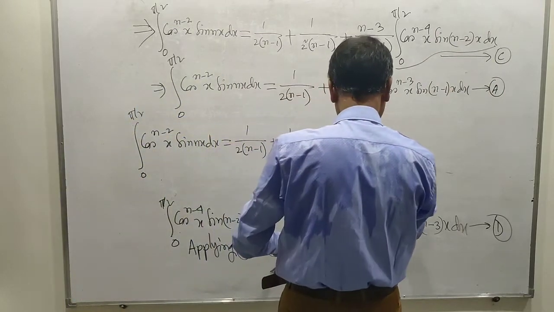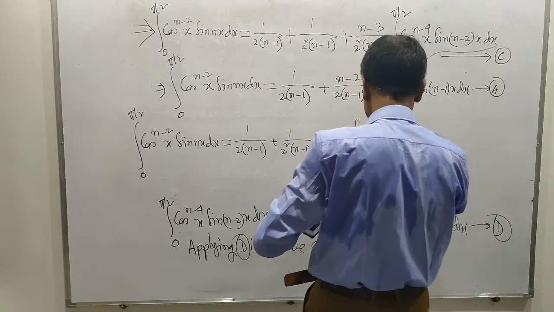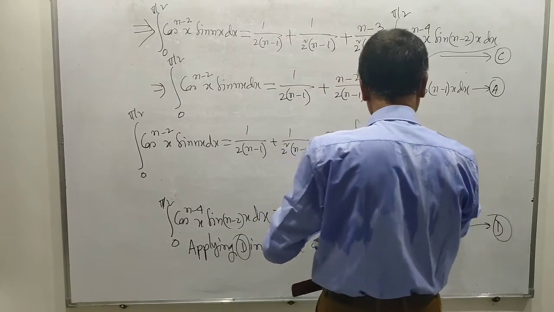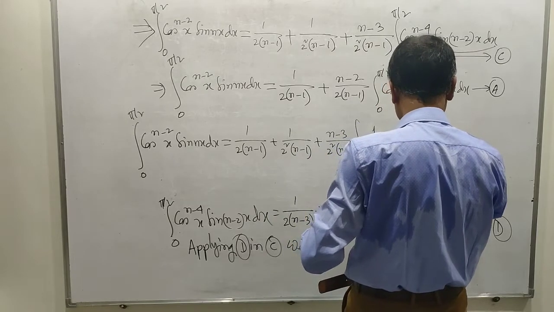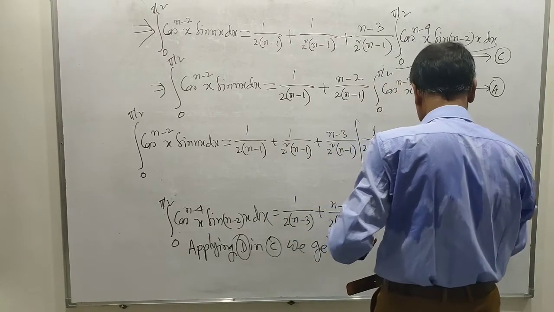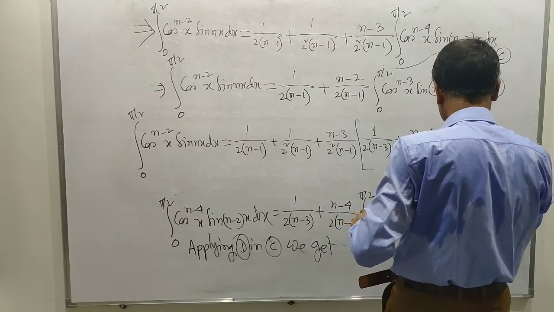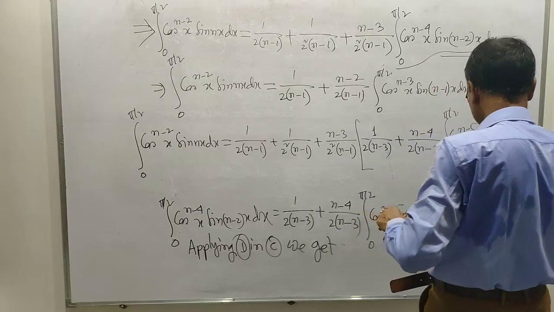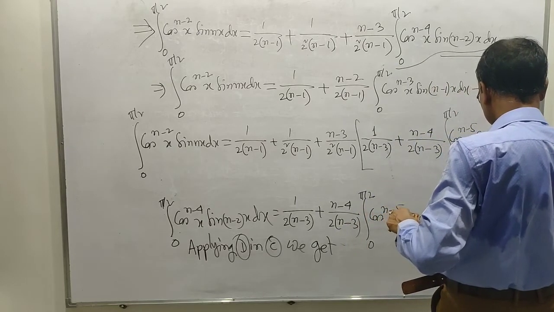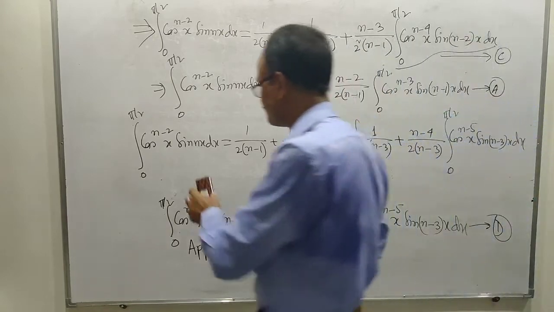Write this 1 by 2 times of n minus 3 plus n minus 4 by 2 times of n minus 3 integral 0 to pi by 2 cos to the power n minus 5 sin n minus 3.